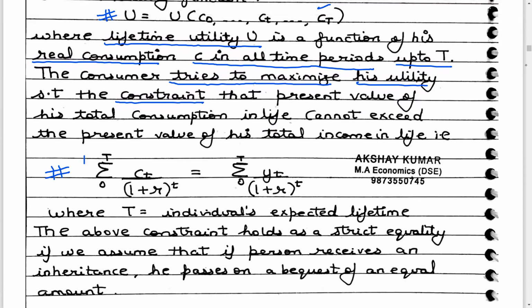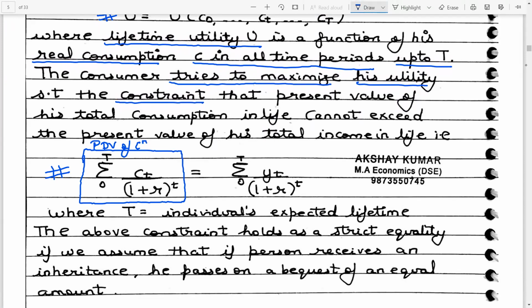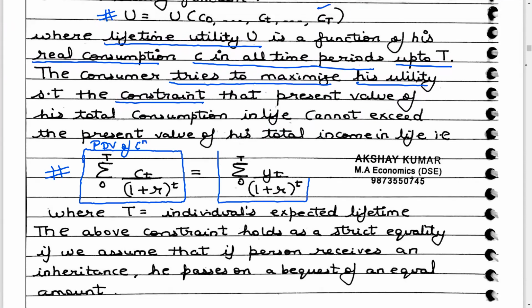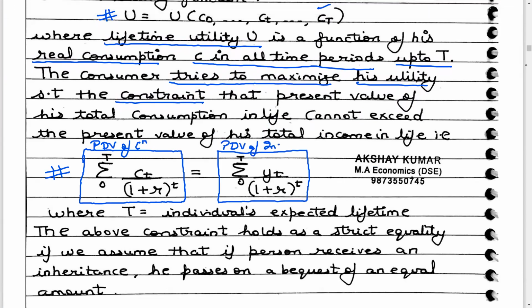The term on the left hand side is called the present discounted value of consumption, and the term on the right hand side is called the present discounted value of income.